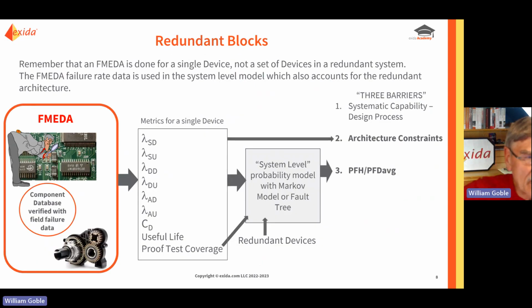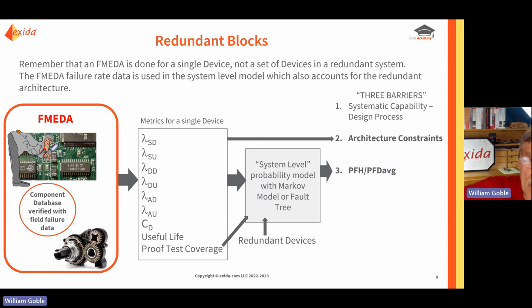The concept behind the FMEDA is that we have a single device or a subsystem composed of a series of internal reliability blocks. We generate metrics for this single device, a device without redundancy.